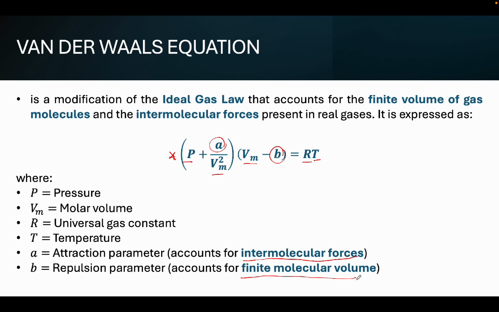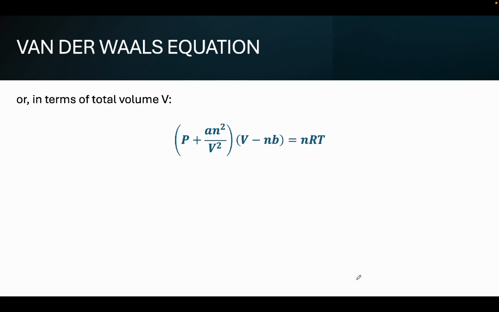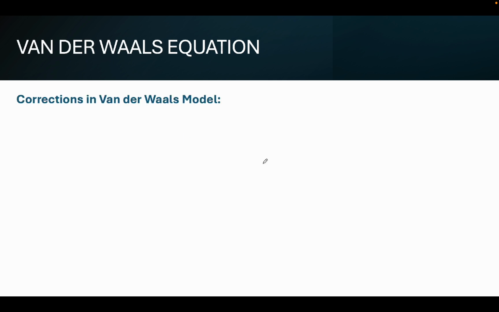Okay, so by the way, there are corrections. Before we proceed, in terms of total volume, the van der Waals equation is (P + an²/V²)(V − nb) = nRT. So again, this is in terms of the total volume. Now, there are corrections in the van der Waals equation.